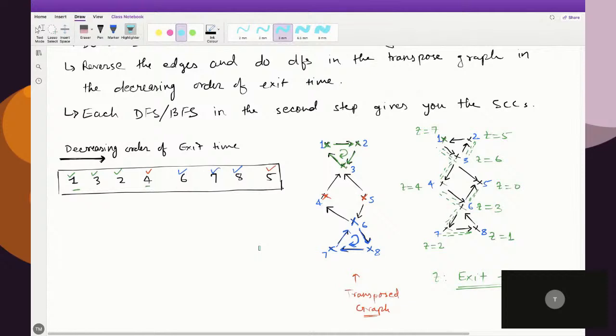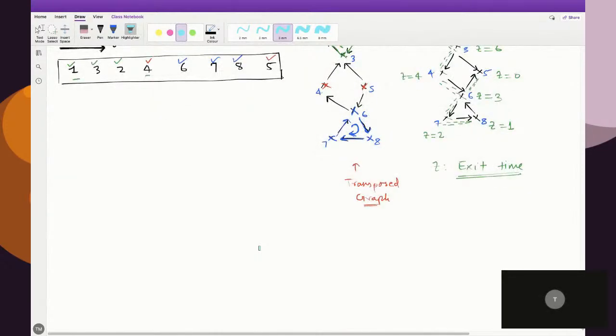Okay. So the next step is, now we will look at this algorithm from the compressed graph point of view.